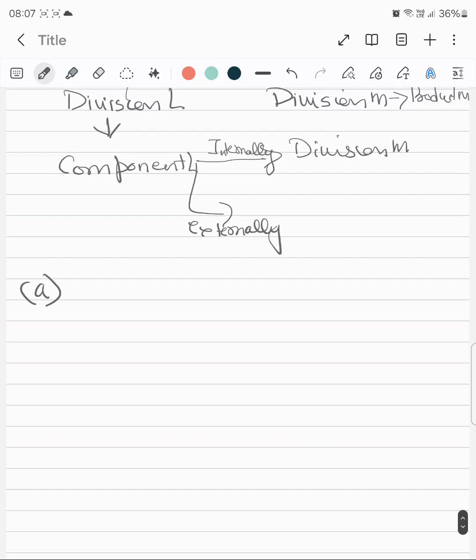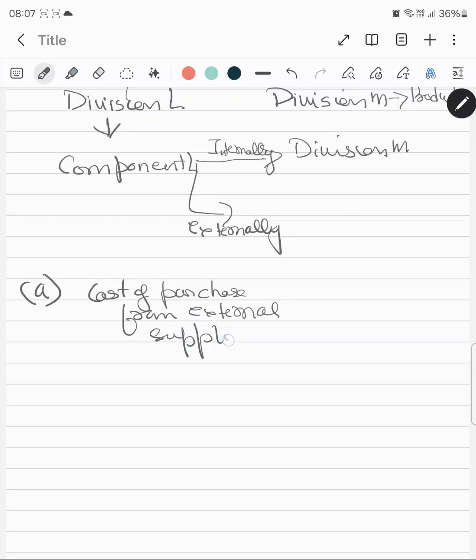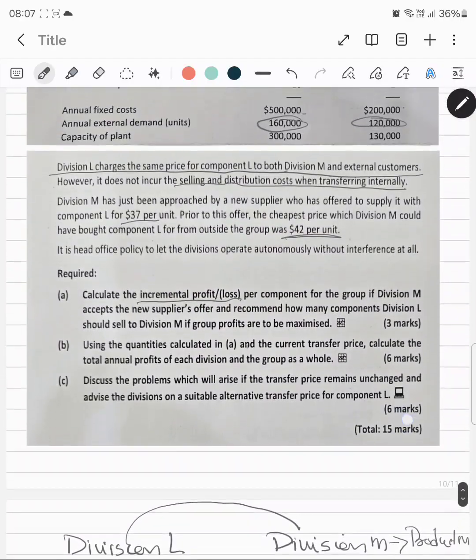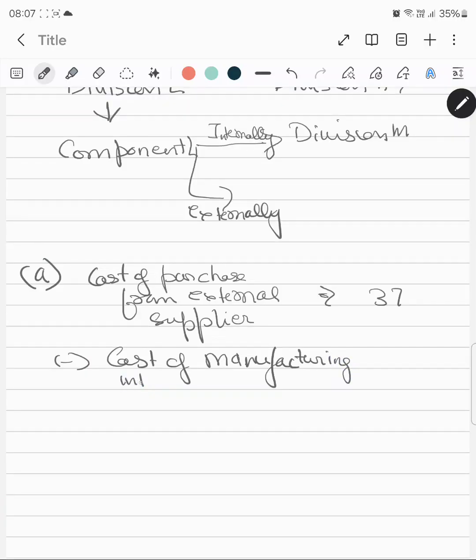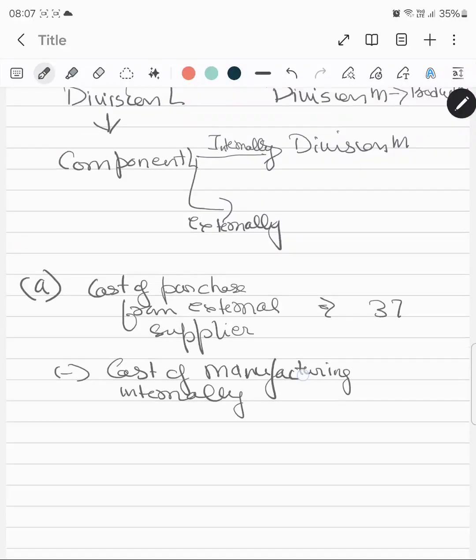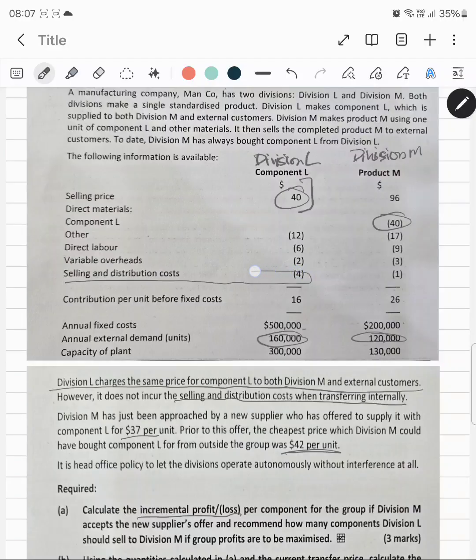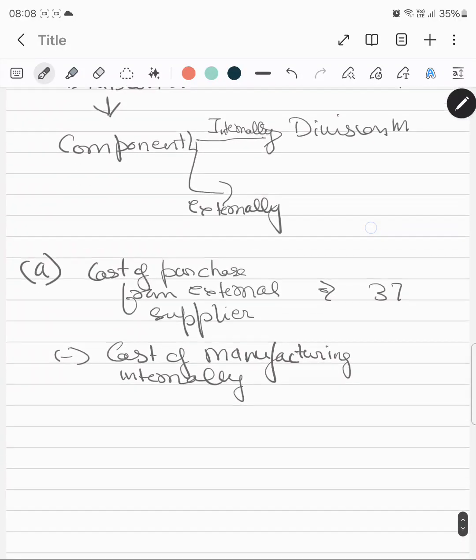We had already studied this concept in case of relevant cost. The cost of purchase from the external supplier is 37. And the cost of manufacturing internally: no selling and distribution cost is considered in case of internal transfer, and hence the variable cost is 16 plus 4, that is 20.